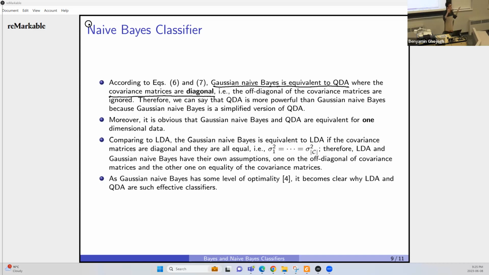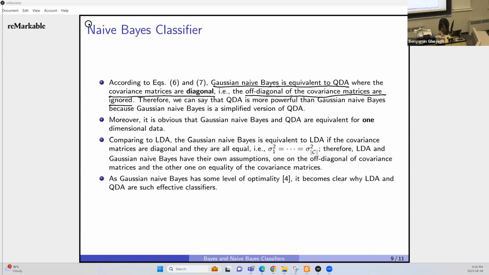Then Gaussian naive Bayes is equivalent to QDA, because in QDA covariance matrices are not necessarily diagonal. If they are diagonal in QDA, it becomes Gaussian naive Bayes. So you can see the relation of algorithms. That is, the off diagonal of covariance matrices are ignored.